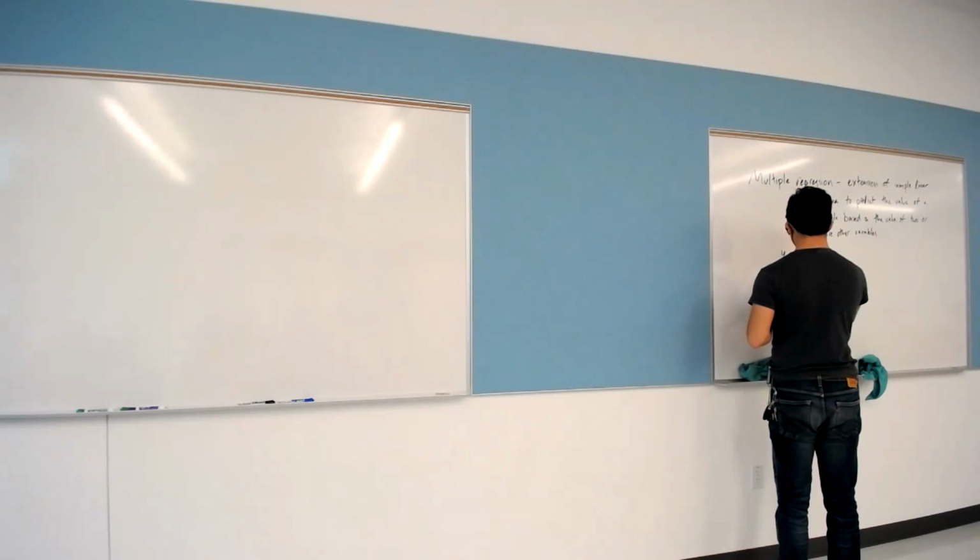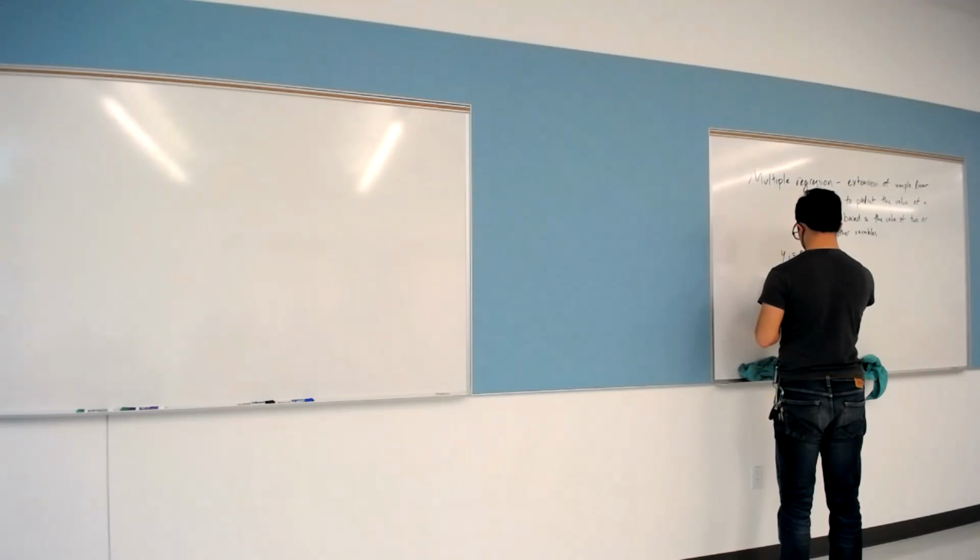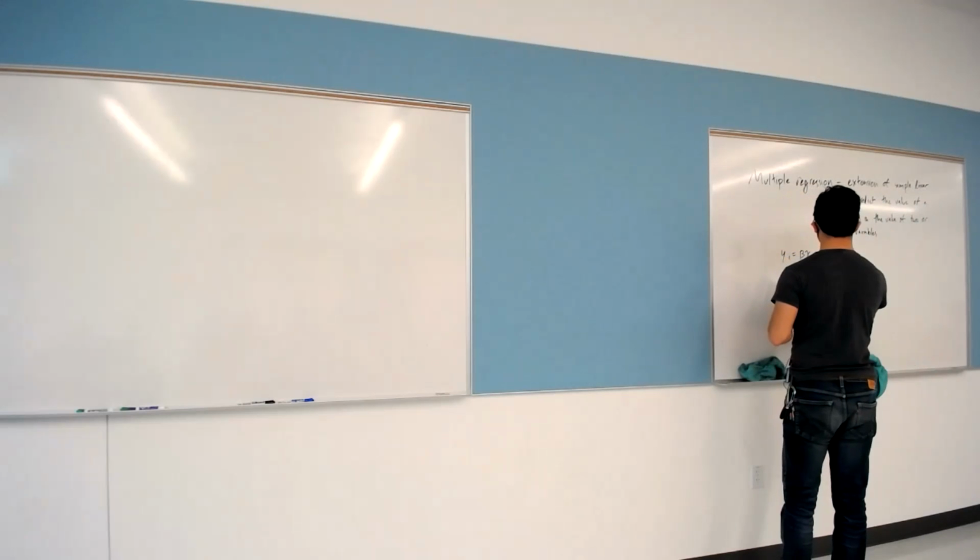So y_i is equal to beta x_i plus epsilon_i.